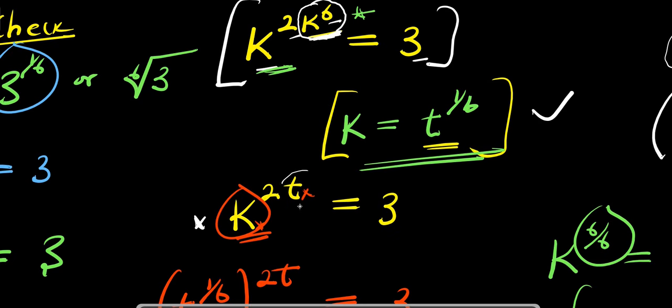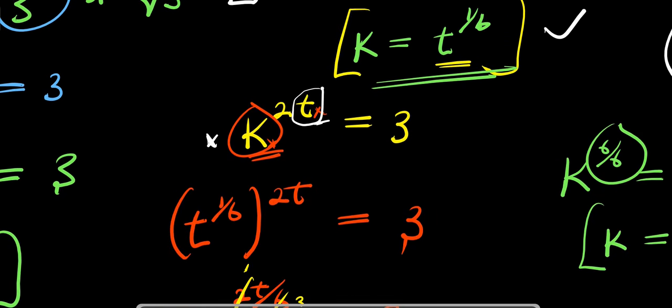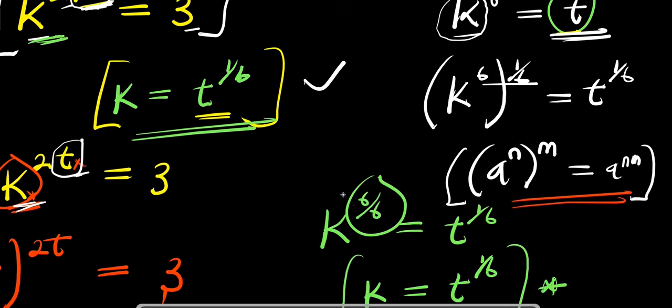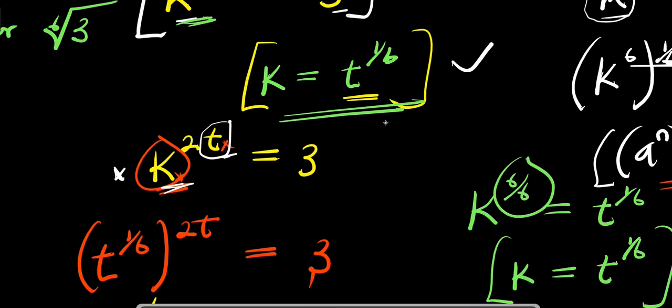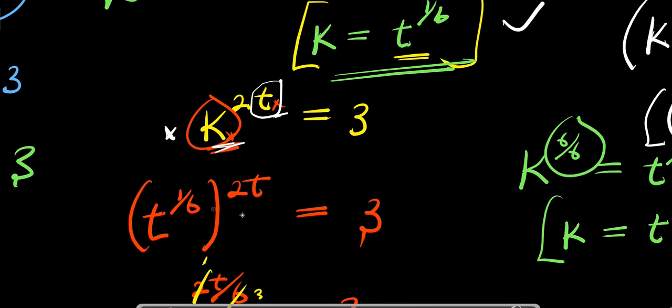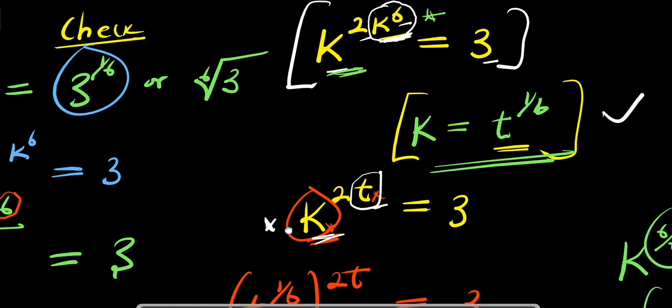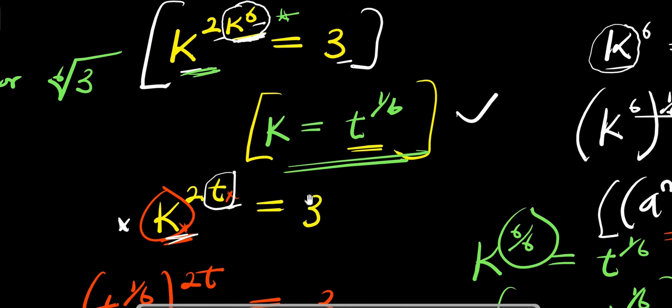So I replaced that with t, and the k still remains, and we have 2. Then we replace this k with this particular equation, which is k power 6 equals t, so that the variable will be uniform. That's exactly what we did. Then from there, we solve for t, and we set them back and solve for k. Just follow it sequentially, you understand it.